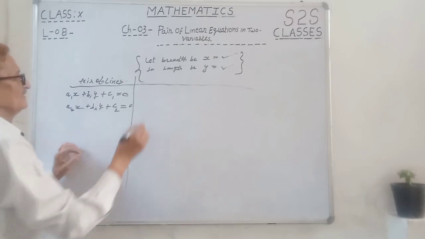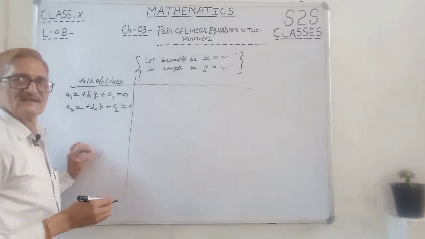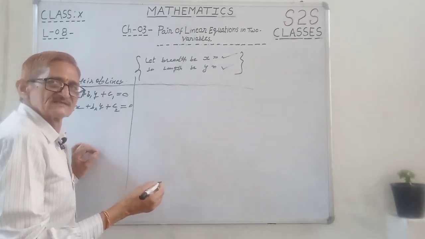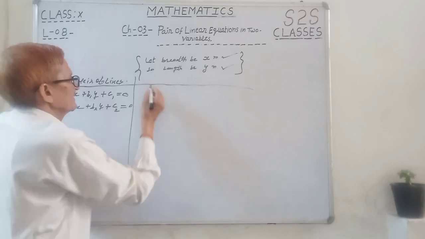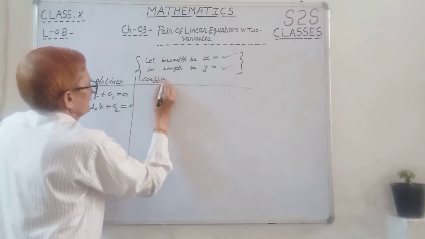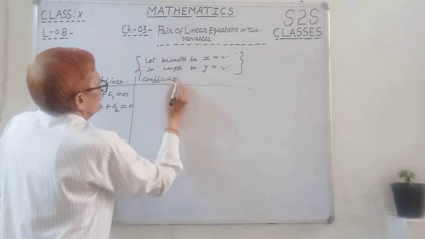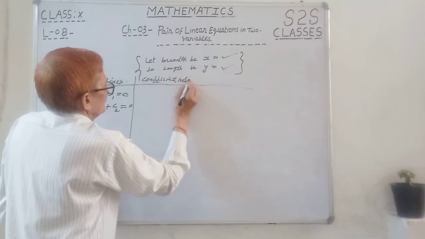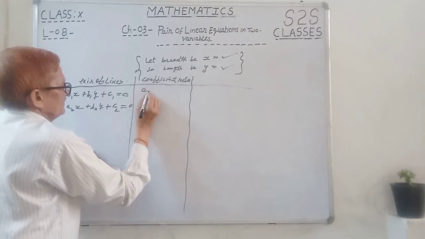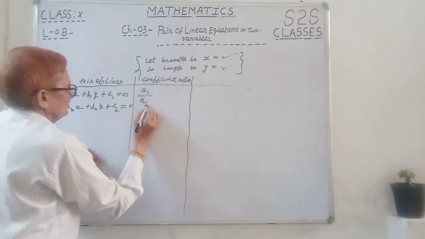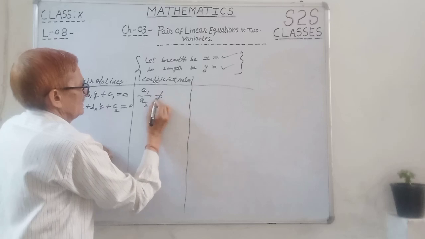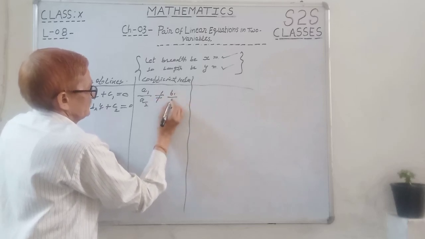After that, here we can take a relation in the coefficients. The coefficient relation: if a1 upon a2, the ratio of a1 upon a2, is not equal to b1 upon b2.